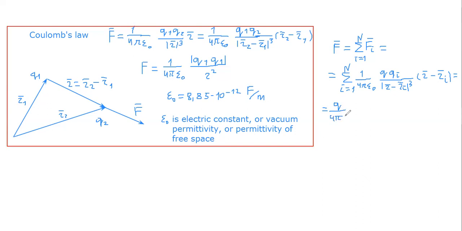We can write this here: Q divided by 4 pi epsilon 0, multiplied by the sum over i from 1 to n of Qi divided by the modulus of r minus ri in third order, multiplied by r minus ri.